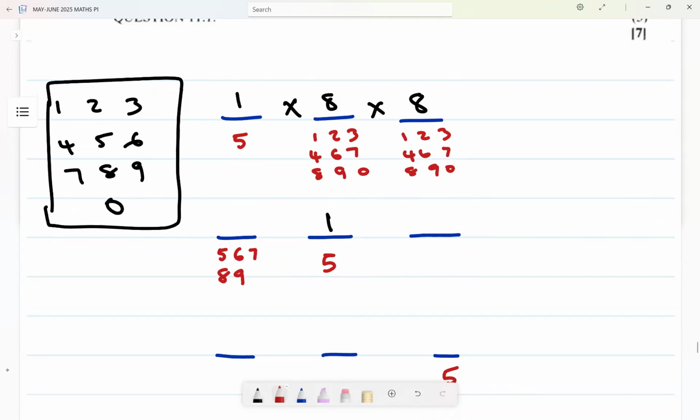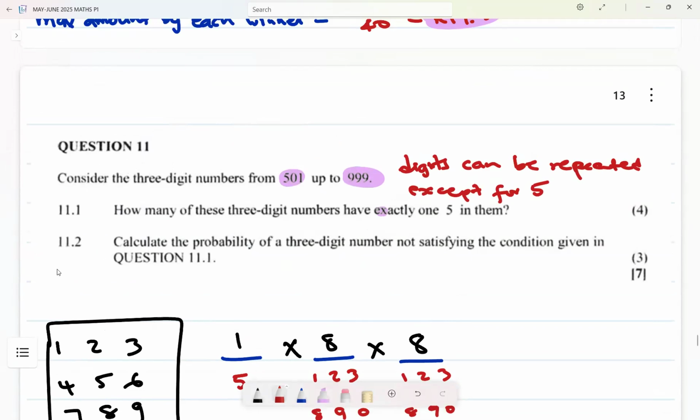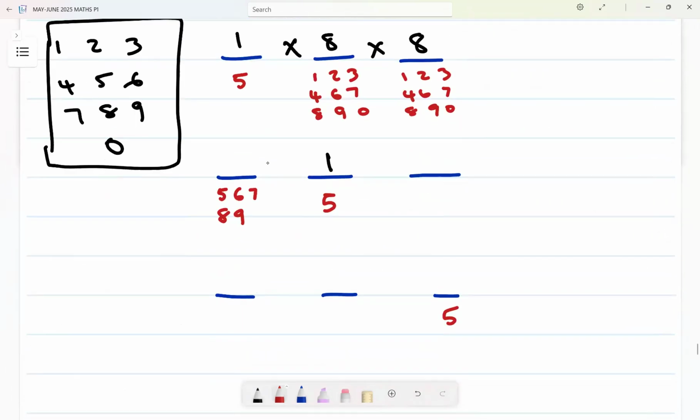If I put 0 here, it will not follow the condition that it is from 501. But I need to take out 5. Why? Because I have already used 5 here and I cannot repeat 5, because I want only one 5. So it means I'm only having 4.